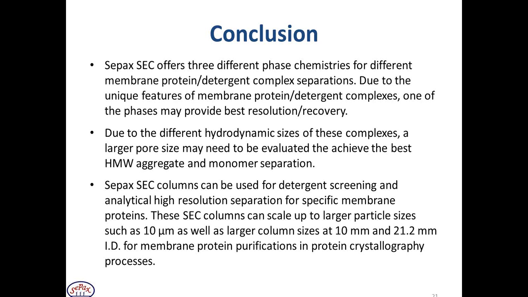This should elute well on a 300 angstrom SEC column. However, due to the larger size of the protein detergent complex, a 500 angstrom pore size was necessary to achieve its best resolution. Sepax's SEC columns can be used for detergent screening and analytical high-resolution separation for specific membrane proteins.